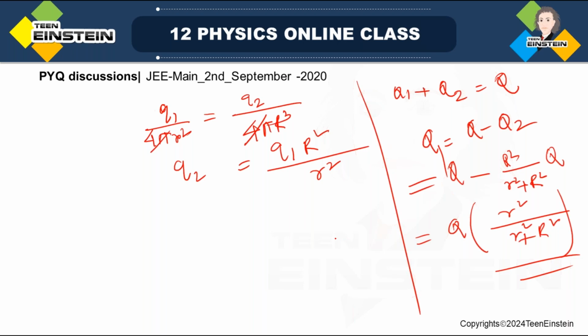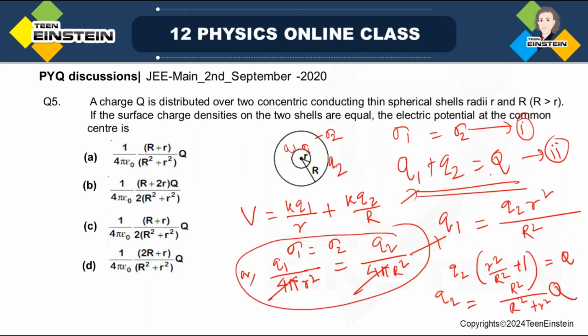So if I know q1 and q2, then after we get this q1 and q2, we'll just put them here in this equation.